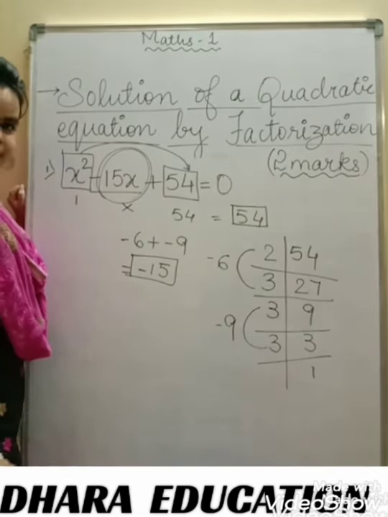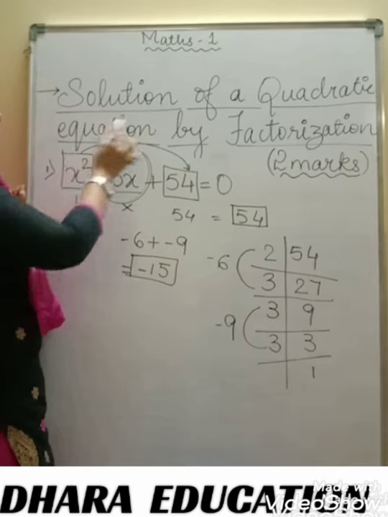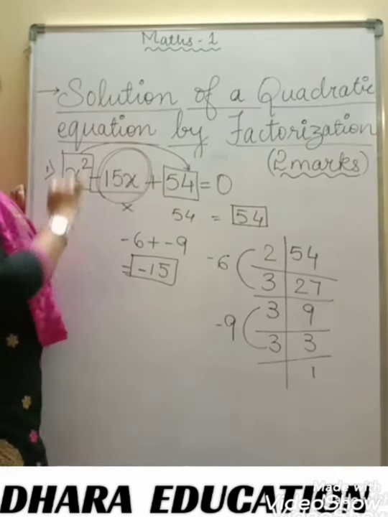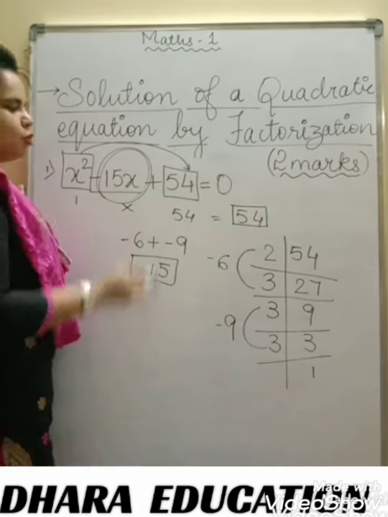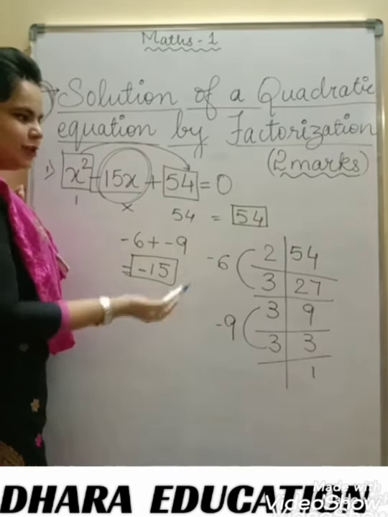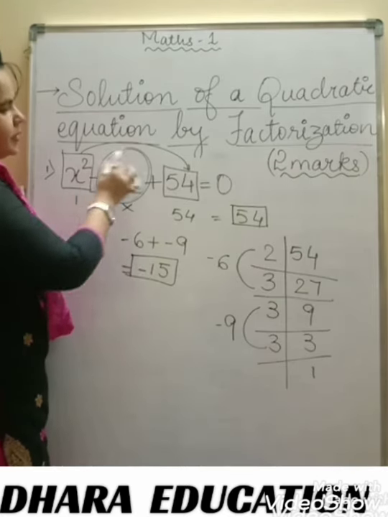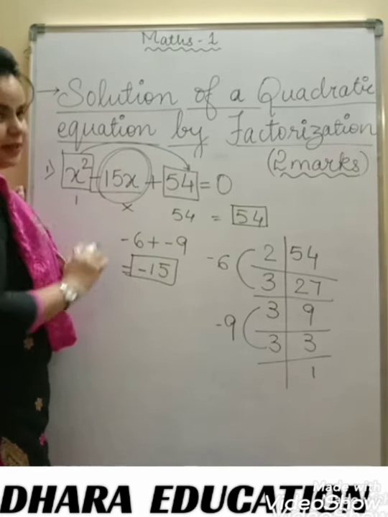I repeat once again, the first term should be multiplied with the third term, in such a way that the factors should add or subtract to the middle term, that is minus 15x.